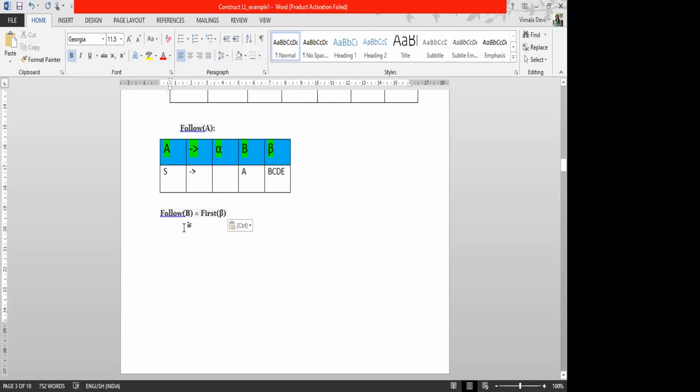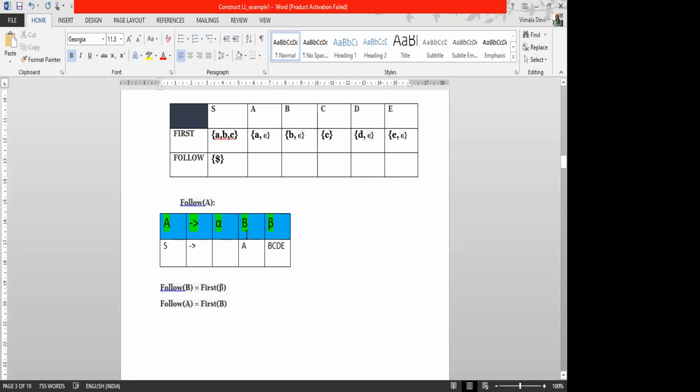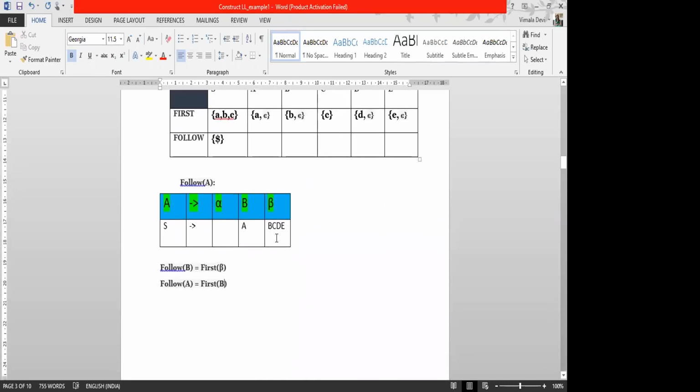So what is B here? B is nothing but A. Am I right? What is beta here? It is nothing but B, C, D, E. Once again, among B, C, D, E, which is the first symbol? It is nothing but B, right? Now go to first of B. What is first of B? We already identified and kept, which is b comma epsilon.